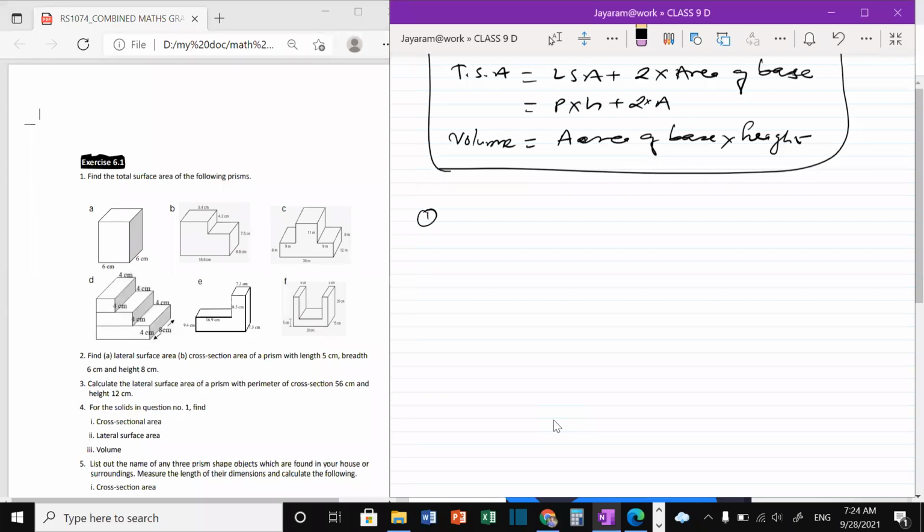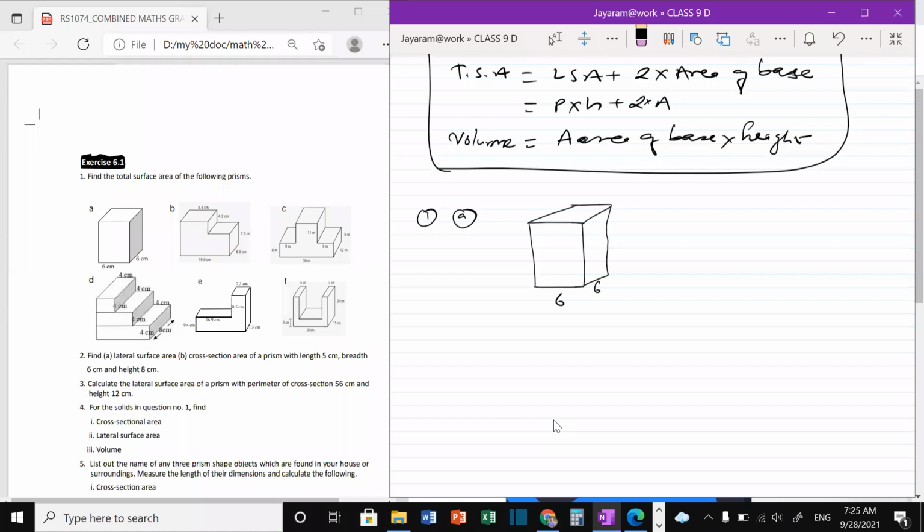In question number 1A, find the total surface area of the following prism. Let's draw that first. See here, this is given 6 and this is 6.